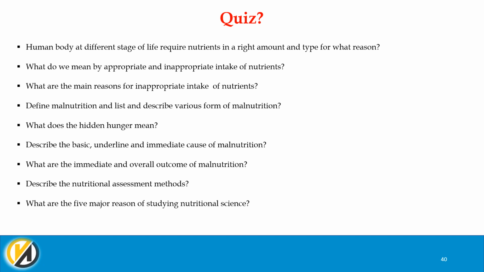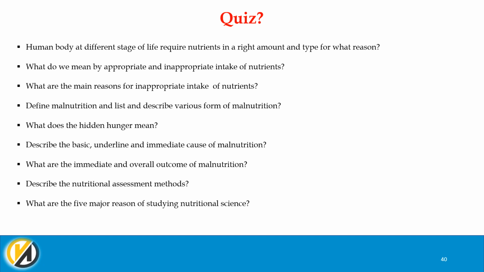Human body at different stages of life requires nutrients in the right amount and type. For what reason? Why do we need nutrients? What do we mean by appropriate and inappropriate intakes of nutrients? What are the main reasons for inappropriate intakes of nutrients by individuals or by societies?